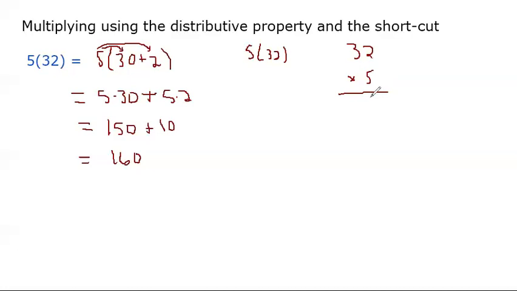That'd be our 10. But notice that since we're in the ones place, you have to bring the 0 down to the ones place. You have to carry the 1 to the tens place. And then you have 5 times 3 is 15. That's 15 tens plus 1 more 10. That's going to be 16 tens, or in other words, we say 160. So that's what you probably are familiar with. It kind of just condenses it down even more so.